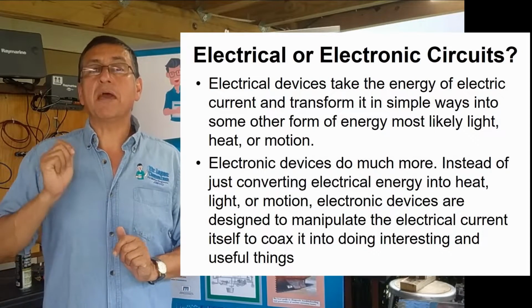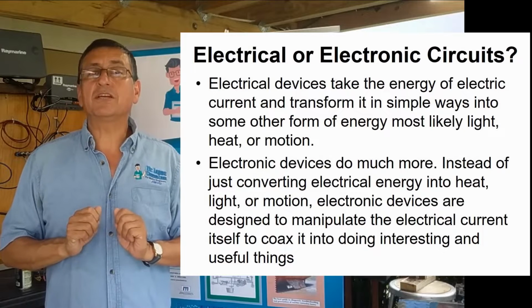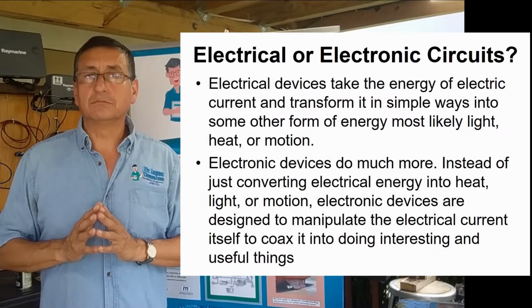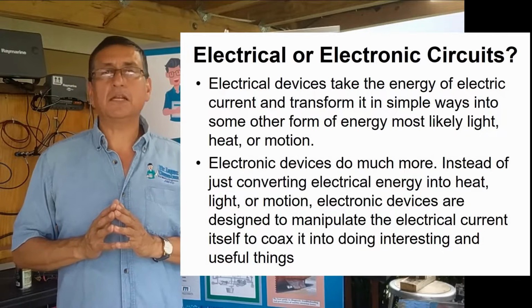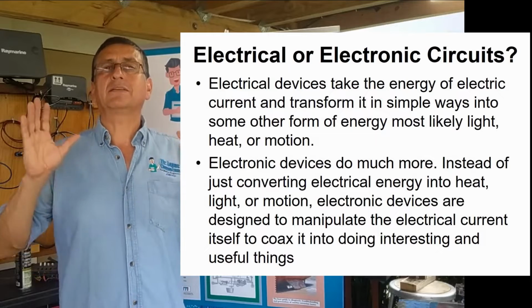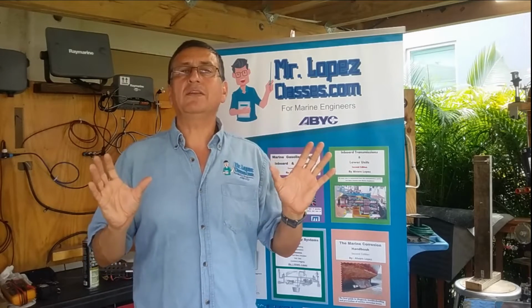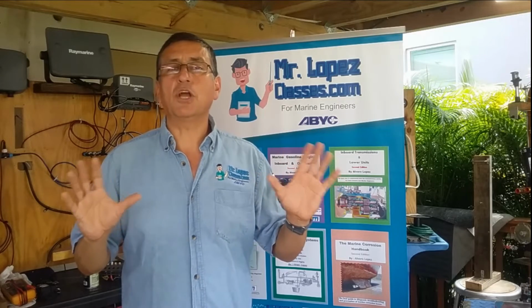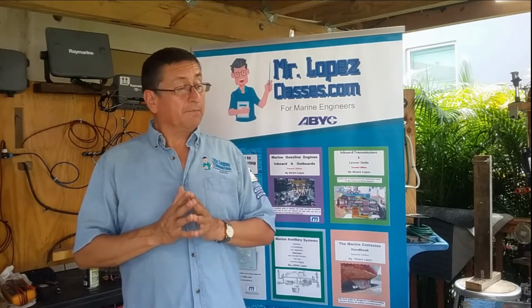It makes decisions. The electronic circuit stops and starts depending on the programming. The electrical circuit is simply on, off, and the current passes or does not pass. That's the main difference: the electronic circuit makes decisions. The electrical circuits, no.